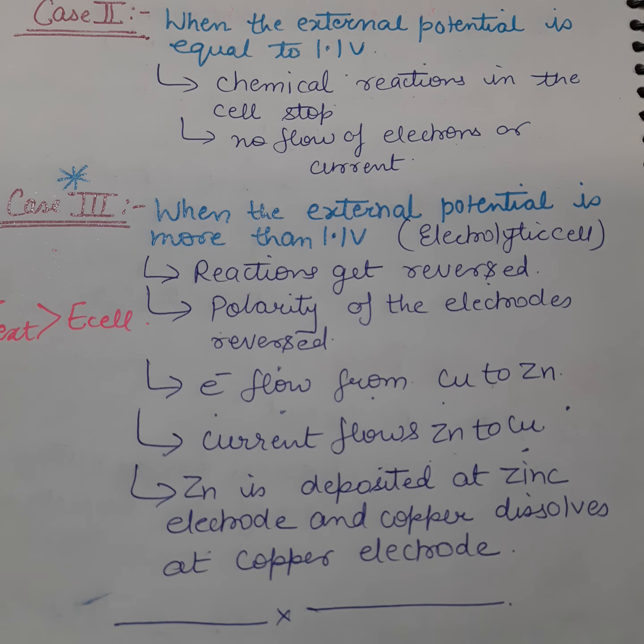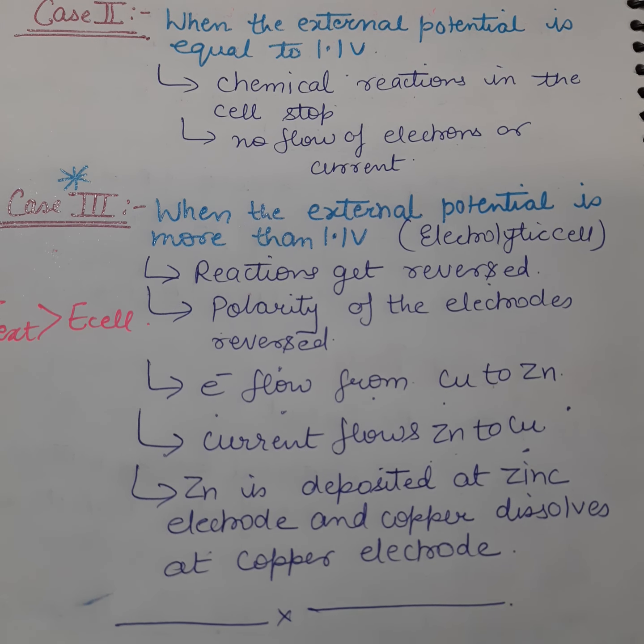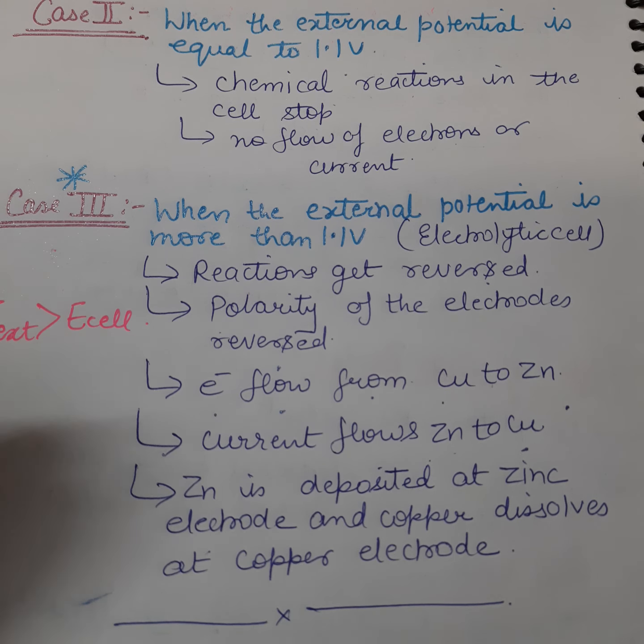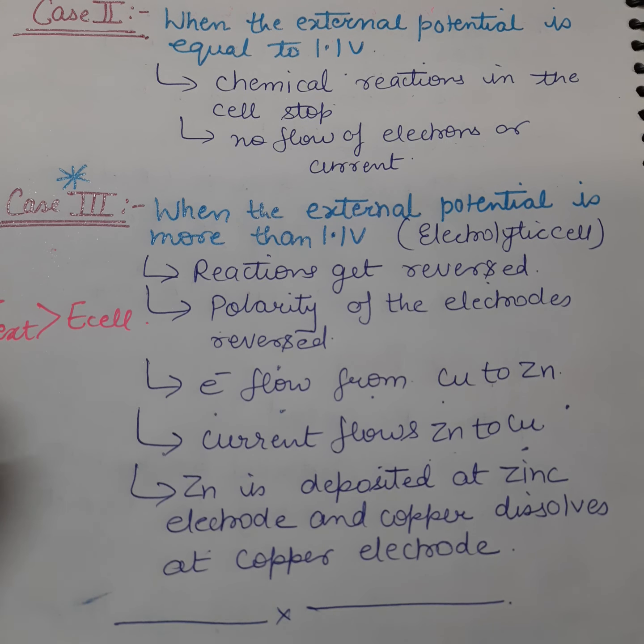When we increase the external potential slowly and it reaches 1.1 volts, which is equal to the Daniell cell potential, no chemical reaction takes place. When no chemical reaction takes place, there is no flow of current and no flow of electrons.